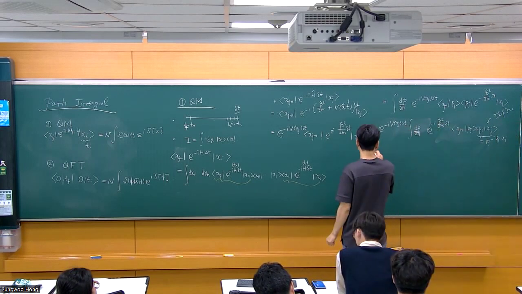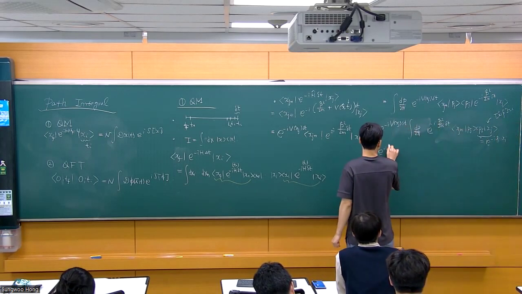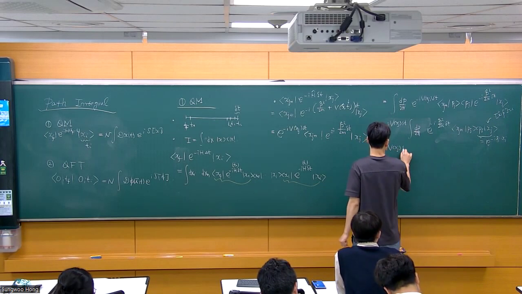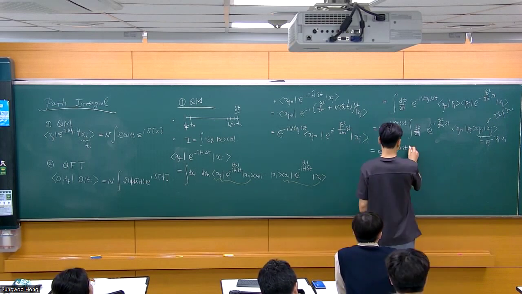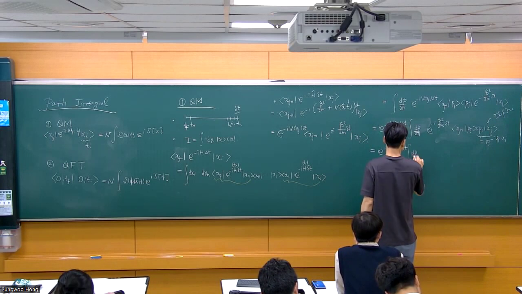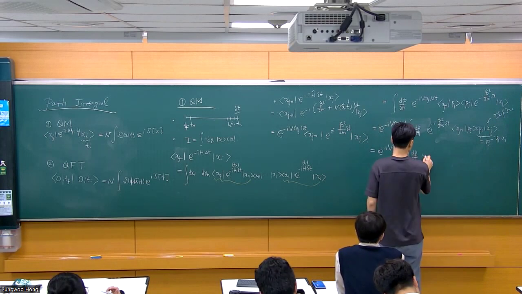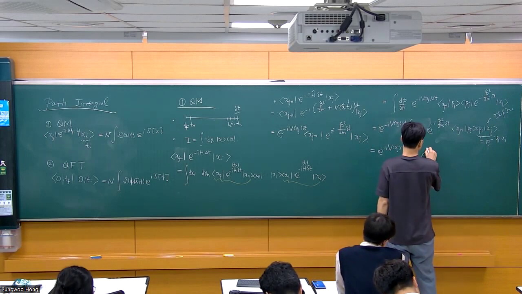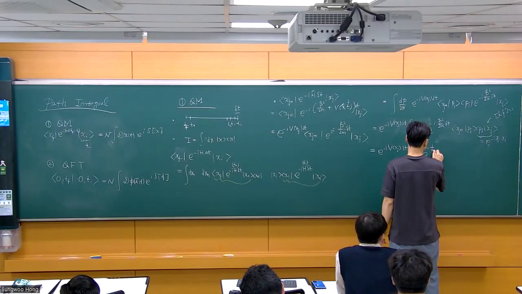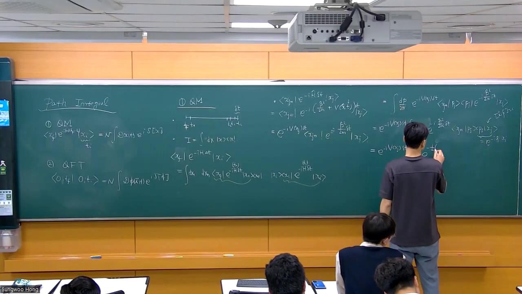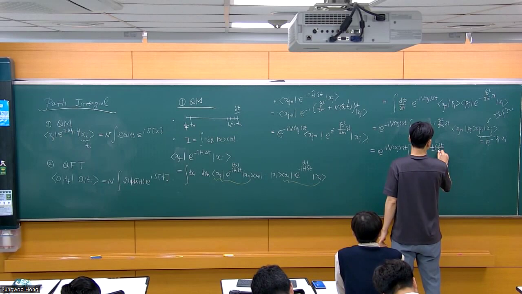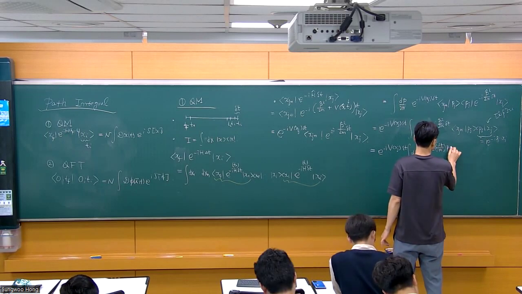So let's continue. We arrive at a point where I have this gigantic integration, but let's write it out. Let me write it in a suggestive form: e to the minus one half, Δt over m, i p_j squared.